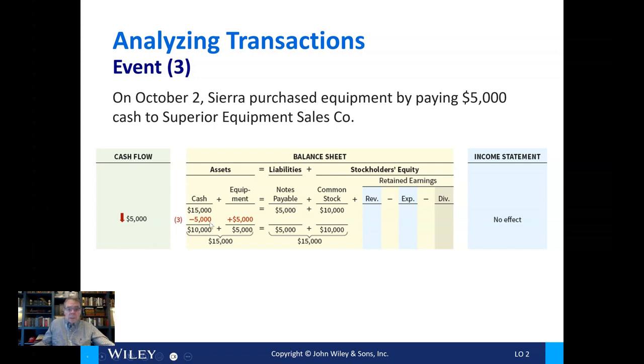So again, we are just changing the composition of our assets. We did have $15,000 cash. Now we've got $10,000 cash plus $5,000 of equipment. We still have $15,000 of assets. This did not affect the liabilities or the shareholder equity.